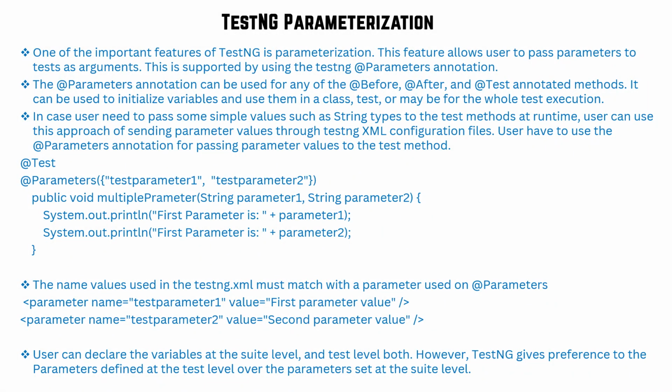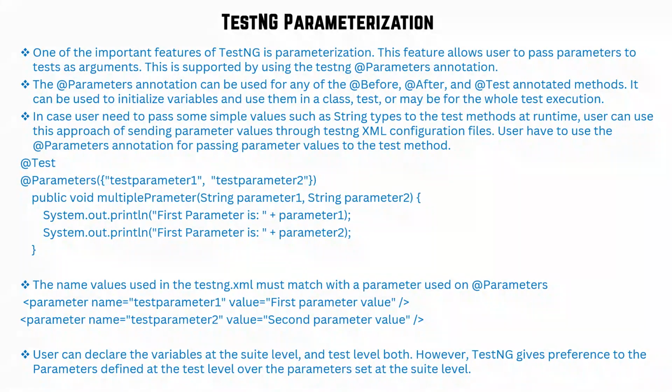It can also be used to initialize variables and use them in the class test, or maybe for the whole test execution. In case the user needs to pass some simple value such as string types to the test method at runtime, the user can send parameter values through the testng.xml configuration file. The user has to use the parameters annotation by passing the parameter value to the test method.